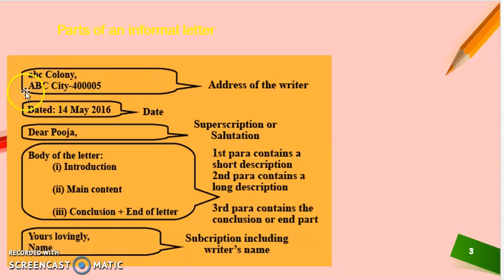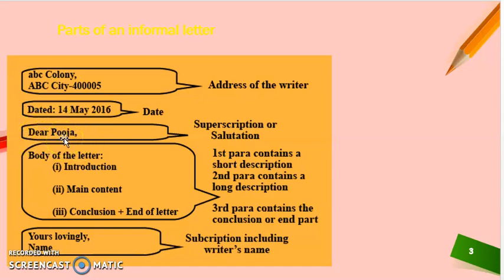The address, after you leave one line, is followed by the date. So you write the address first, then leave one line and write the date. After you write the date, again you will leave one line and you will write the salutation. Over here we have Dear Pooja. So you will use the word dear and you will give your friend's name.